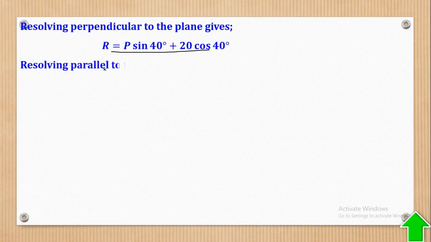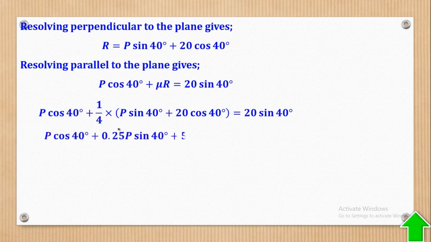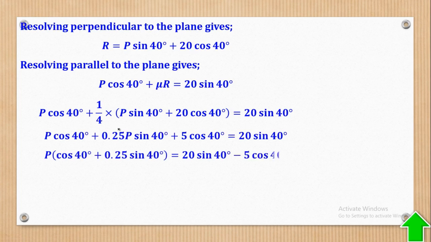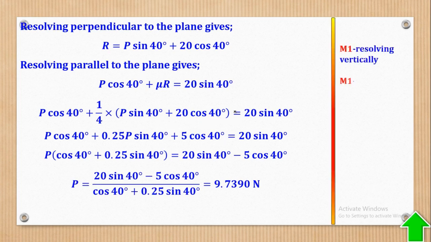Then resolving parallel to the plane, we shall be able to get this. But we already know that R is that, so we shall come and substitute, and also know that mu is a quarter. It was given in the question. So realize that now we have only one unknown. So I will simplify and collect like terms and then make P the subject, and that would be the answer. So basically that is what they wanted.